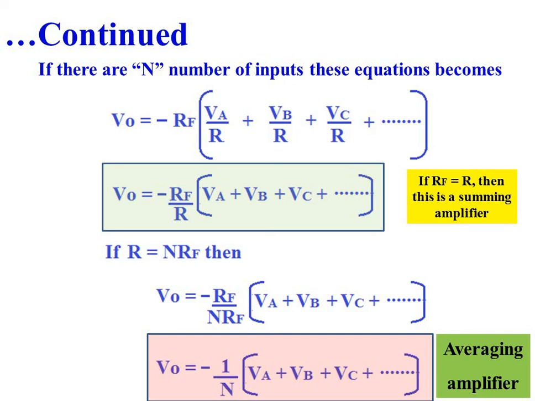If Rf is equal to R, then this becomes an inverting summing amplifier with n number of inputs, and the output voltage equation is V0 is equal to minus of (VA plus VB plus VC plus etc.).